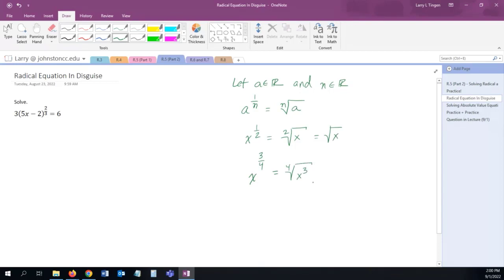So what does that look like on the left? On the right, this is a radical. It doesn't look like it, but let's make this transformation, okay?